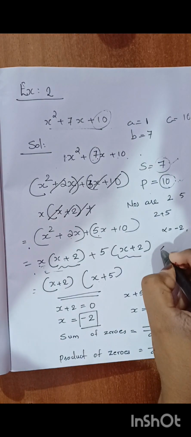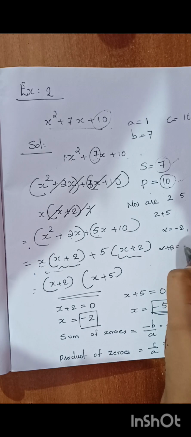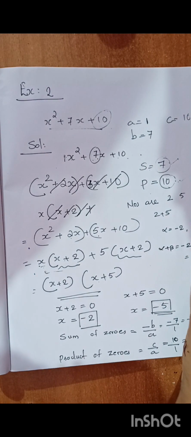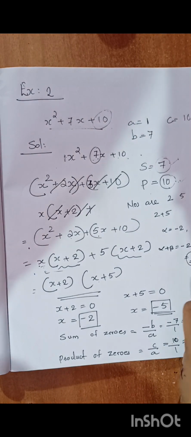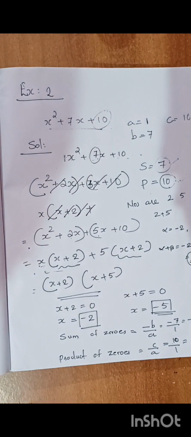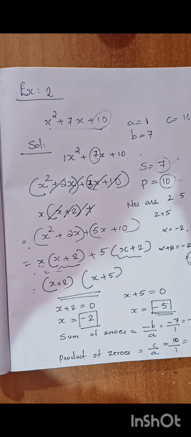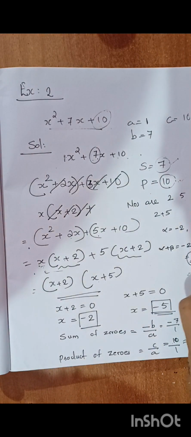So the sum of the zeros, alpha plus beta, is equal to minus 2 plus minus 5. Answer is minus 7. That is, alpha plus beta is equal to minus 7. And by looking at this, minus b by a is also equal to minus 7. So this one is satisfying.